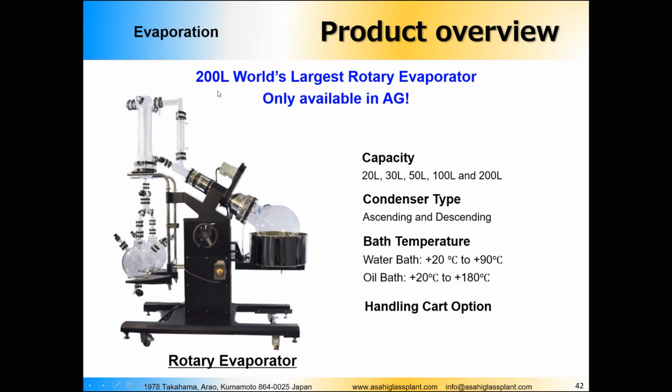What is important to say is that it says only available in Asahi glass, but I know that QVF, the Dietrich, manufactures the 200-liter rotary evaporators as well. I don't know if they manufacture them up to now, but I saw one of them with my own eyes when I was visiting their plant in 2011, I believe.